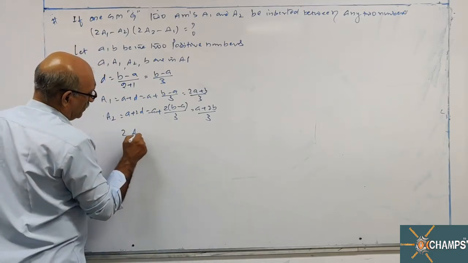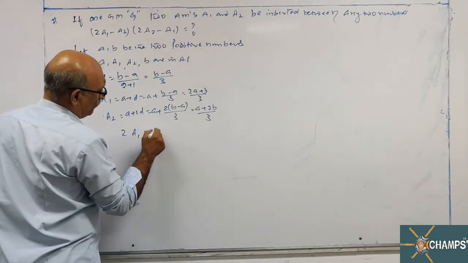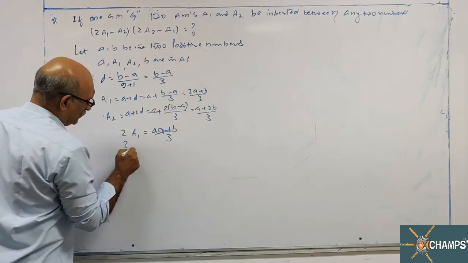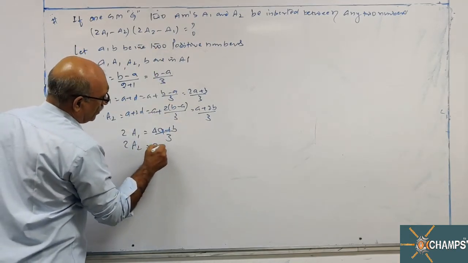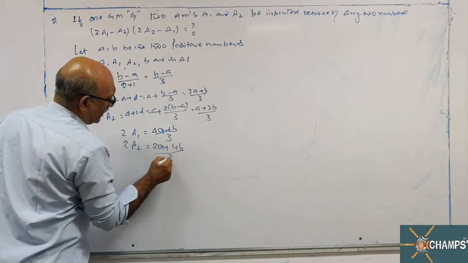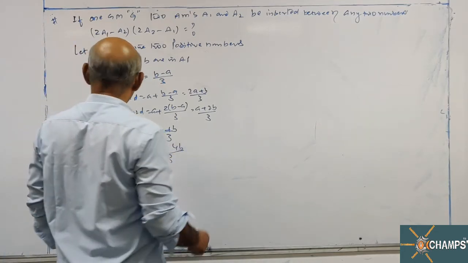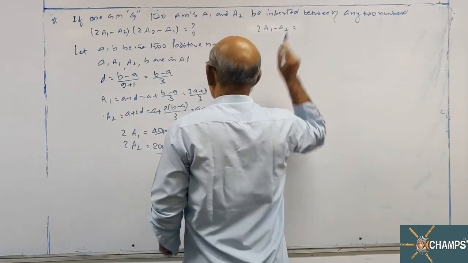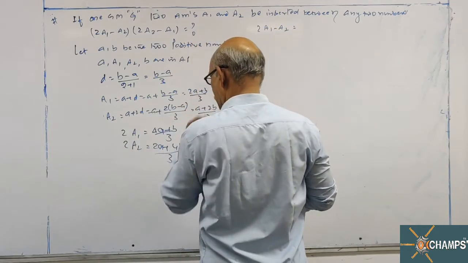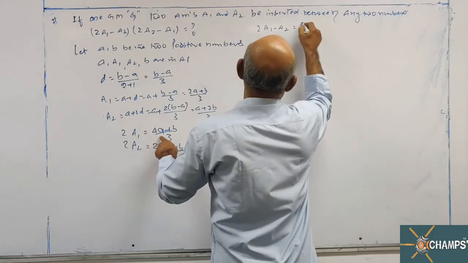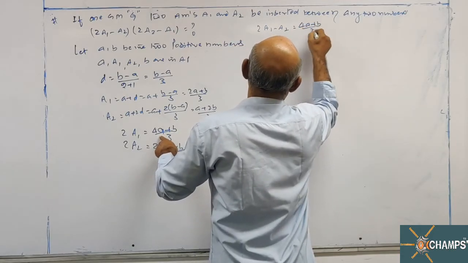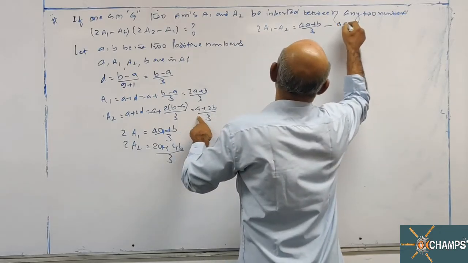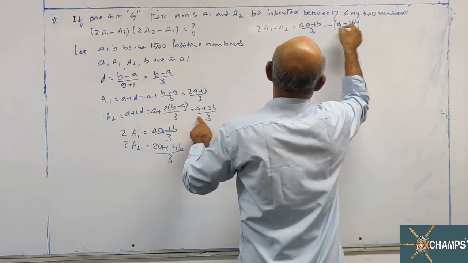So 2A1 means 4A plus 2B by 3, and 2A2 is equal to 2A plus 4B by 3. Now 2A1 minus A2, 4A plus 2B by 3 minus A plus 2B by 3.